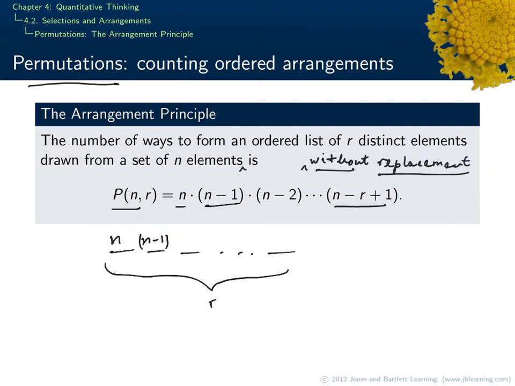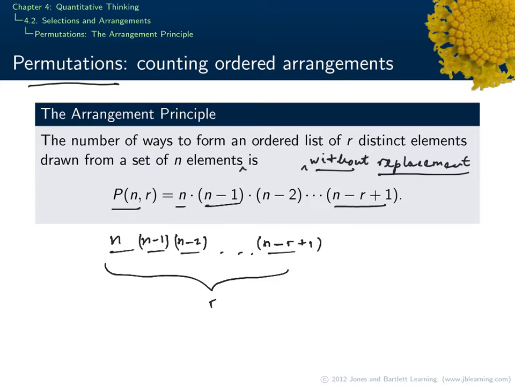In the third slot, I can't use any object that I used in the first 2 slots, so that reduces my number of choices by 2. That means I've got n minus 2 choices in the third slot. And then finally, when we get to the final slot, we will have n minus r plus 1 choices.